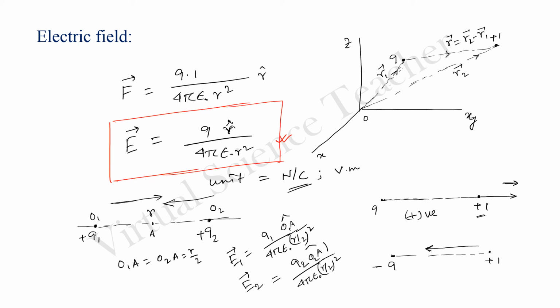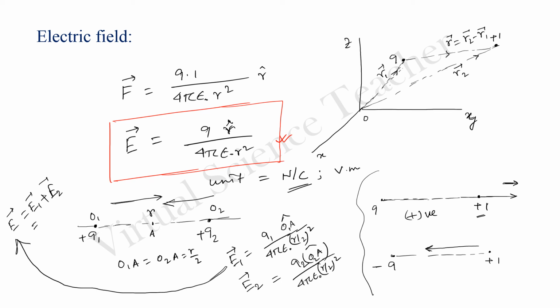As these are oppositely directed, the net electric field, sorry, because there is not enough space, I am writing it here at this position. The net electric field will be the vector sum E1 plus E2, but as they are oppositely directed, the net field will be just the subtraction of them.